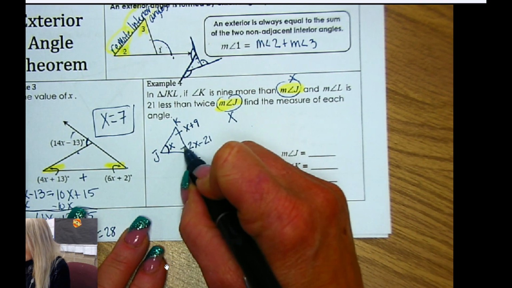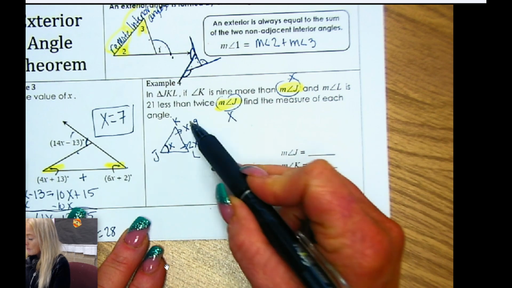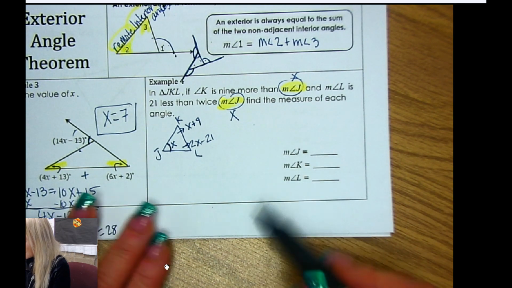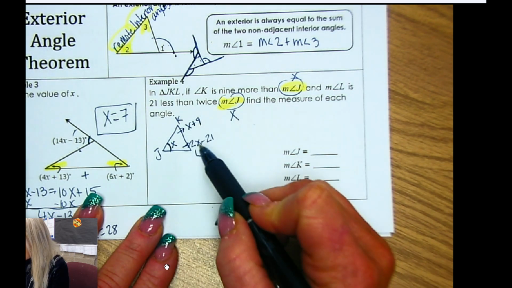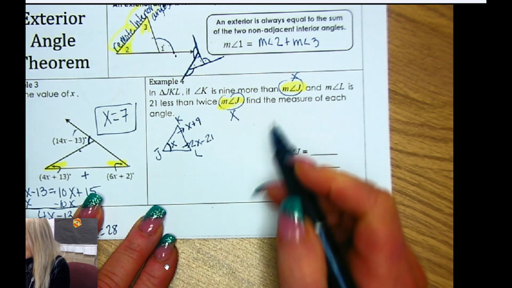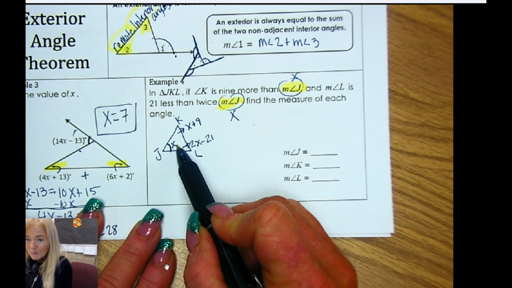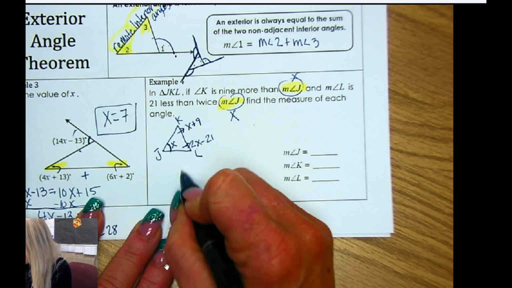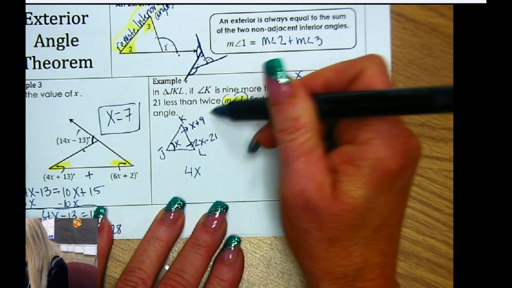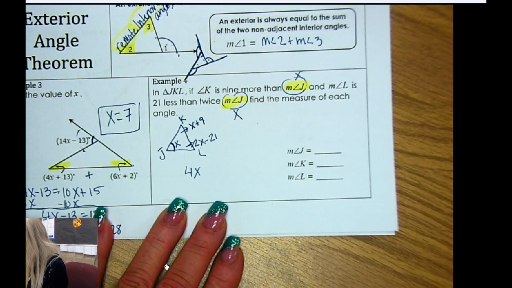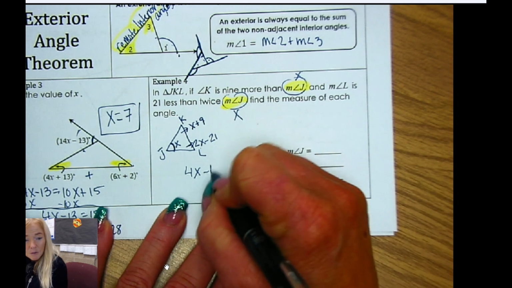And we have both of those angles plus the original J angle that add to 180 degrees. So we have X plus 9 plus 2X minus 21 is equal to 180 degrees. Now again, I like to add all the X's. So 1, 2, 3, we have 4X. And then add the numbers. We have 9 minus 21, which is negative 12.